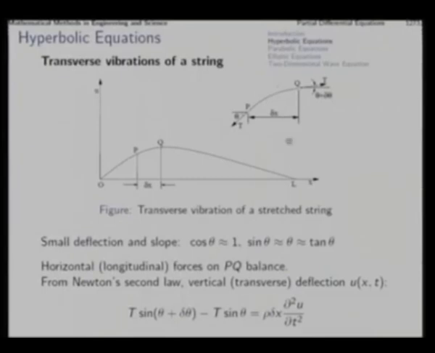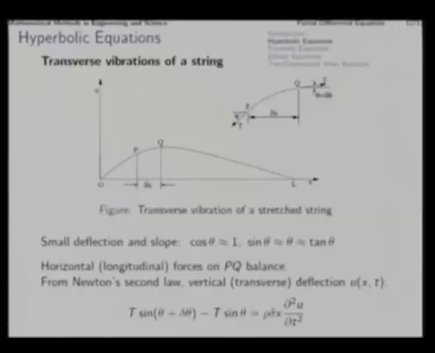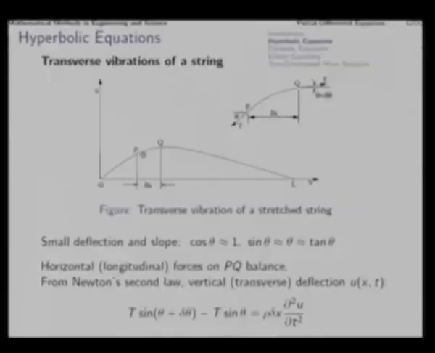What about the vertical force? As we write the vertical force balance, we find T into sin of theta plus delta theta upward minus T into sin theta downward. This is the resulting force, and this resulting force is giving this particular element of the string its acceleration.